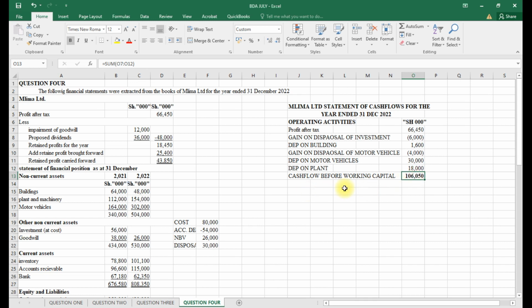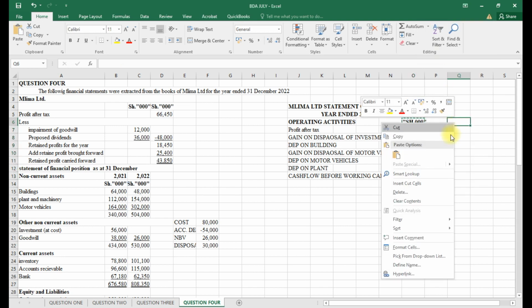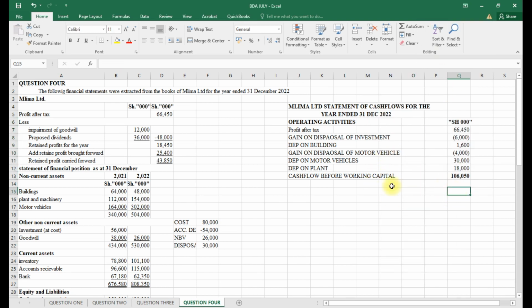Then we have our working capital. Just a minute. Let's see whether I will move these. Yeah, so that one is okay. Okay, so that working capital here, and under working capital I'll start with the inventory.